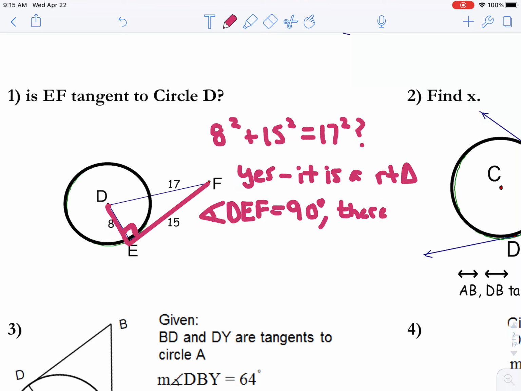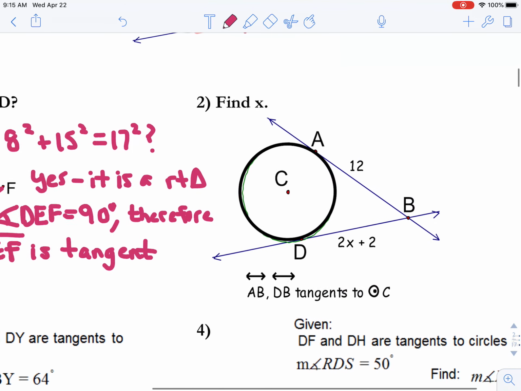Therefore, EF is tangent. It is tangent because it intersects at that one point, and it is perpendicular to the radius.